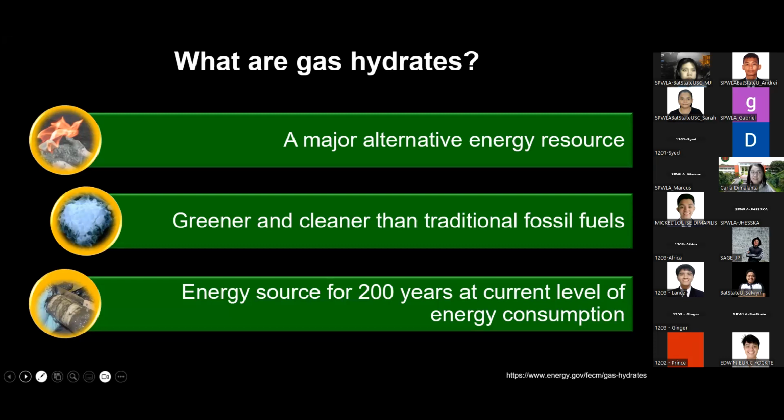But again, this might change because as the population grows, as development increases, as growth of populations and cities and countries increases, then of course you will expect a higher level of energy consumption. But if we keep the level of energy consumption at the current levels, then this energy source, if we are able to extract them safely, will last us a long time. So we will not have to worry so much where we are going to get our next energy resource.